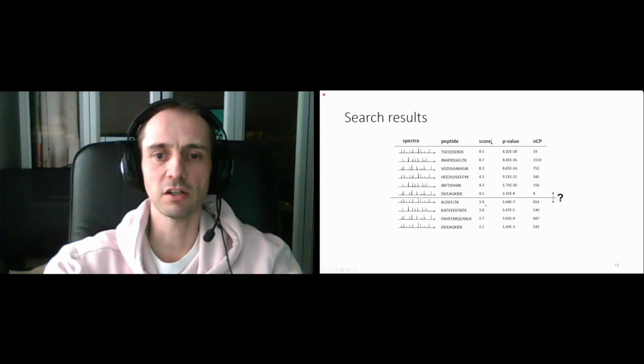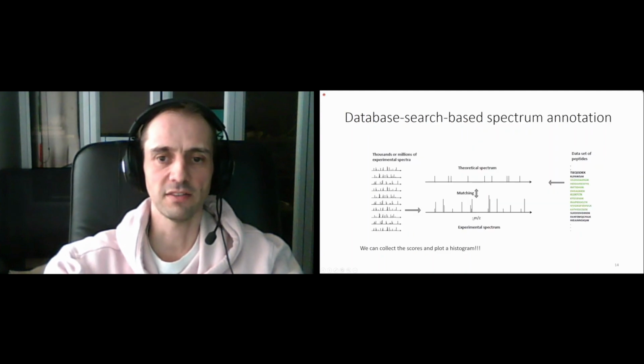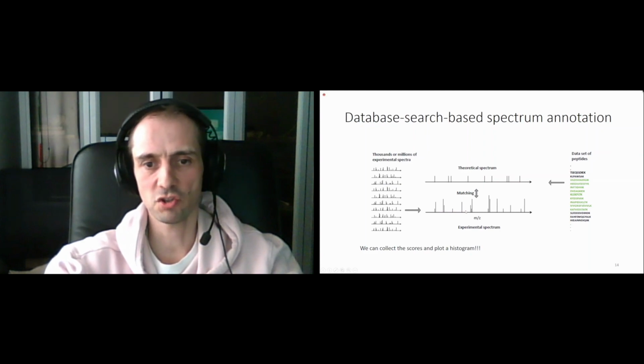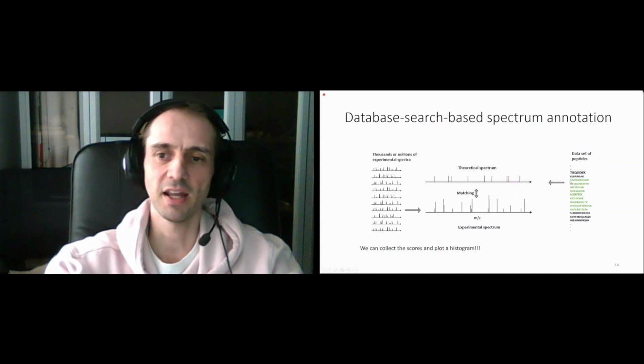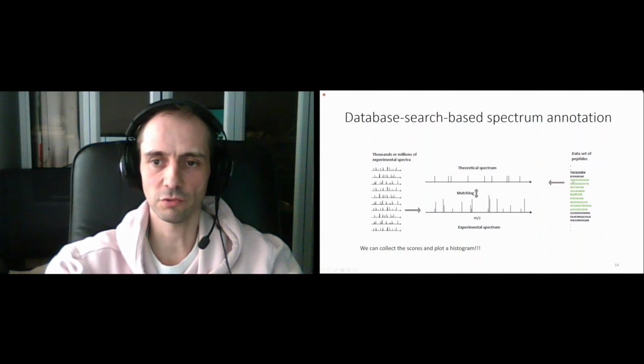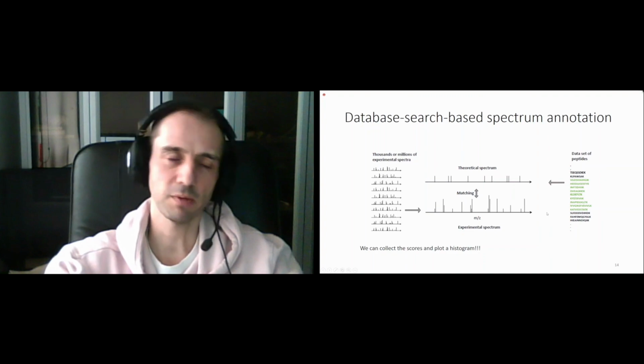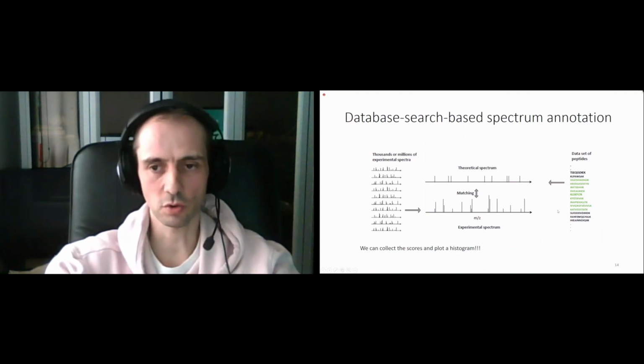So let's take a look again at this database searching. We remember that we match one experimental spectrum against a set of candidate peptides, and we can collect these matching scores. So for example, for this one, we could get 9 scores, but in practice, we get a couple of hundred scores here.